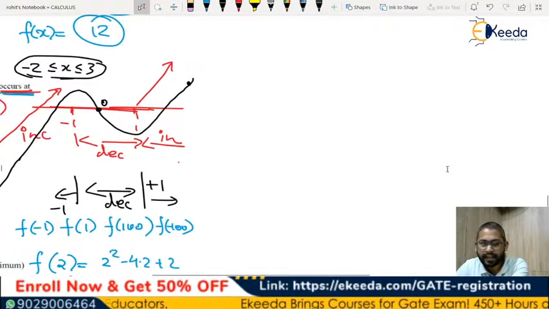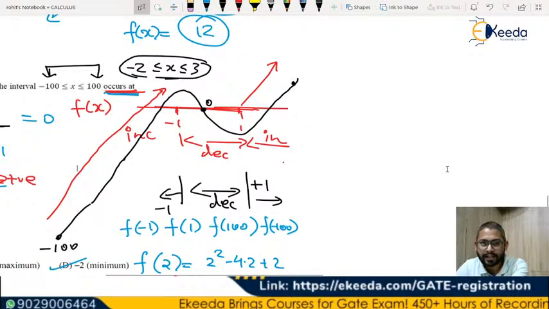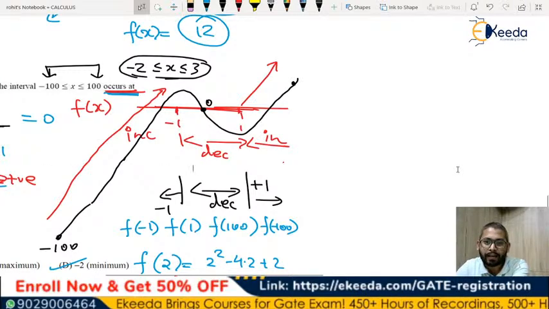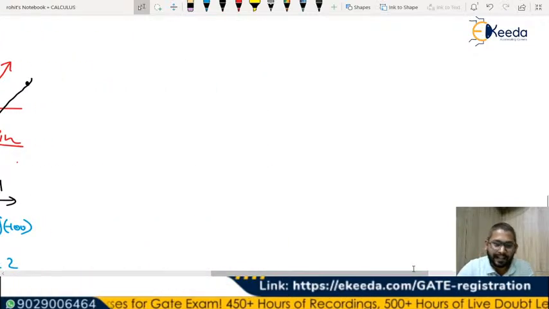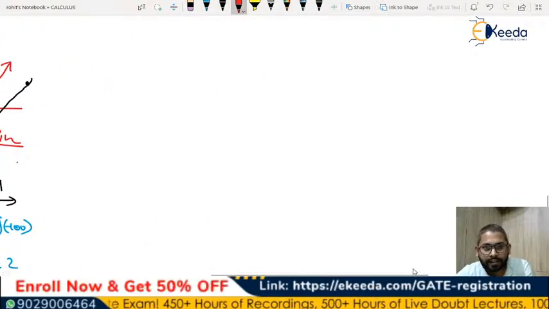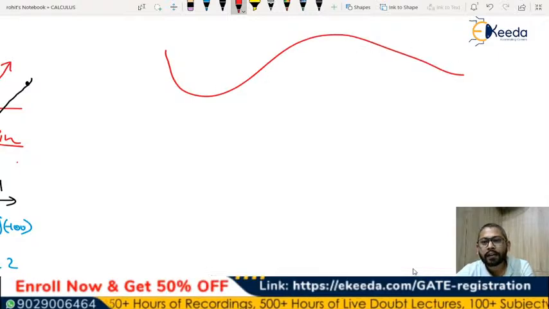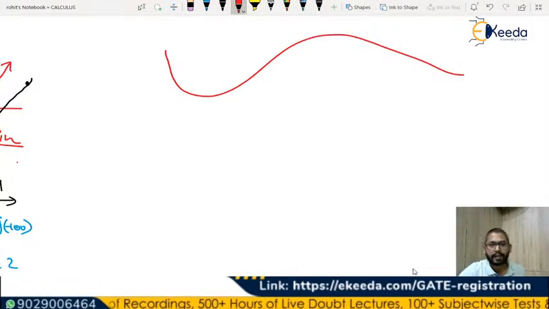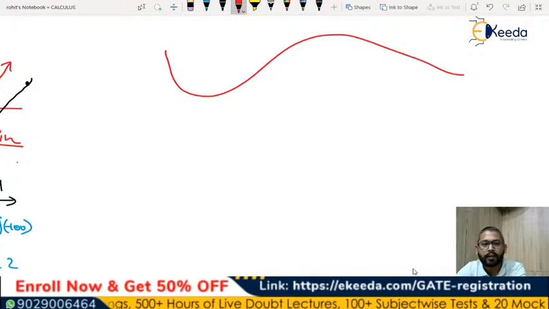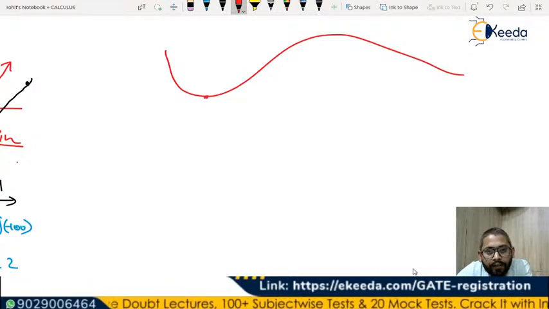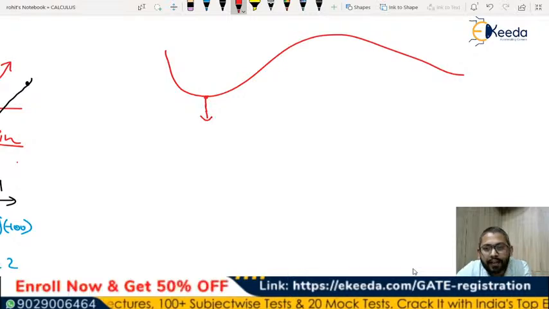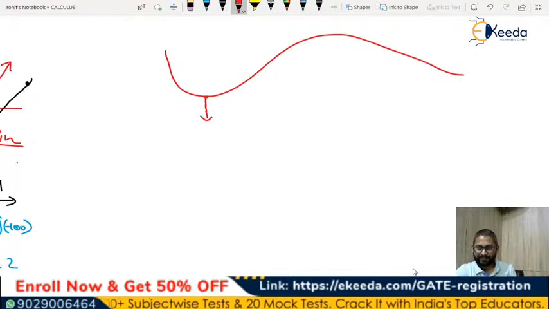Everyone, Aditi, Kirti, Lokesh, Sahil, let's see this. Let's say we have this graph. We don't have anything beyond or after that. Then this is a point, roughly I'm saying, where this function value is attaining a minimum value.